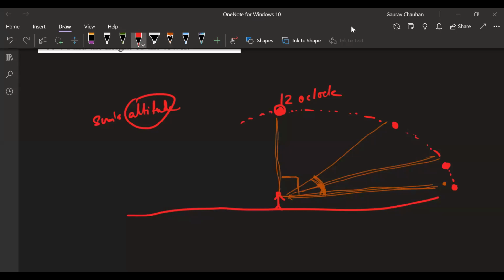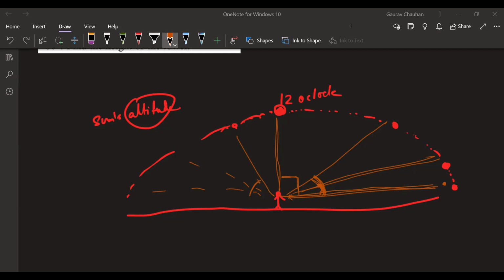And then obviously the sun goes over, and the same angles come into the picture, right? Here again you will take it with the horizontal, so this will become the angle of elevation. As we go down, maybe the sun is setting at around 6 o'clock, the angle of elevation will become 0. You're getting the idea of what we mean when we talk about the sun's altitude in this chapter: the angle of elevation at which we are looking at the sun.